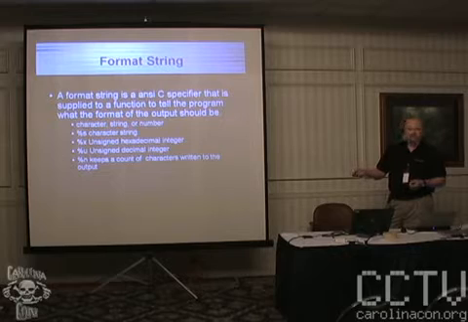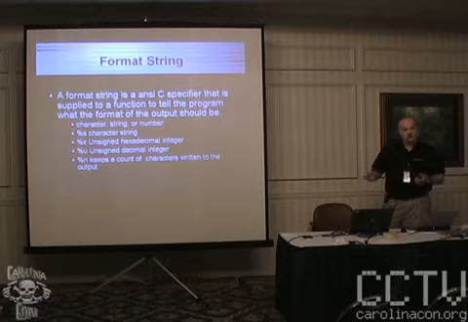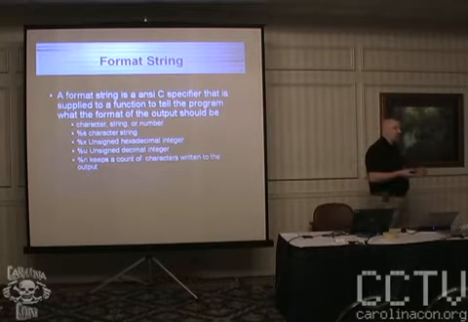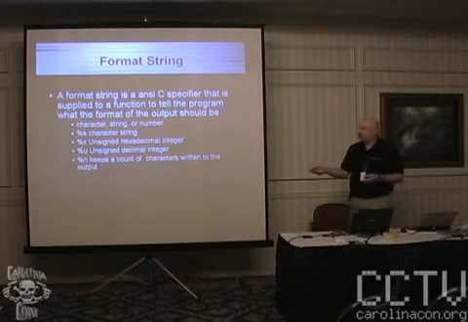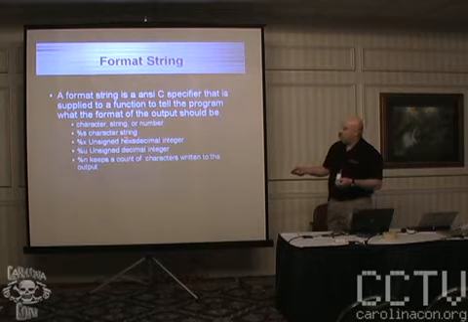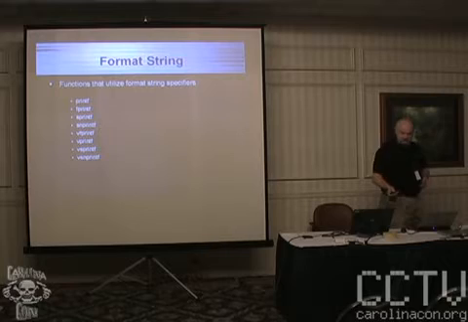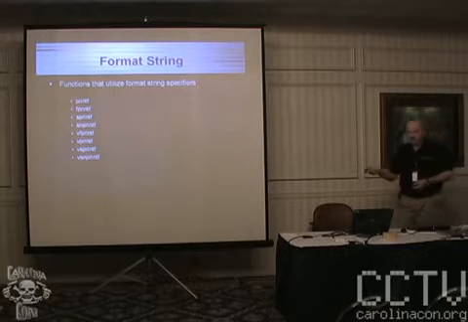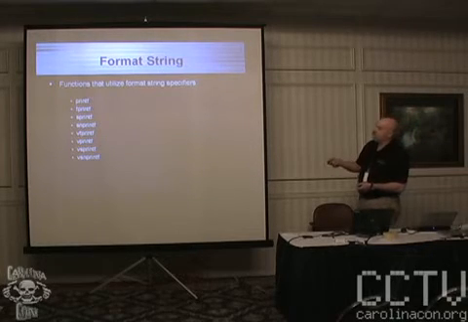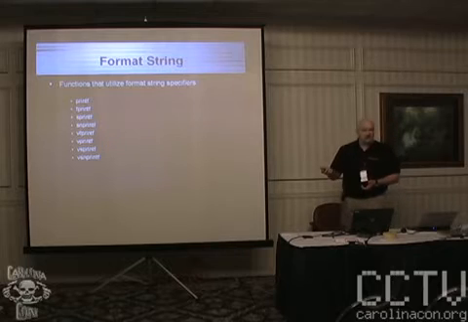That will come in real handy later, and you'll see. This is not all the format string specifiers, just a small sample. The main ones we're going to use in this presentation are %s, %x, and %n. Here is a list of a few functions that utilize format string specifiers. This is not all of them.